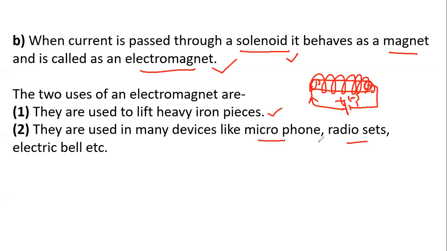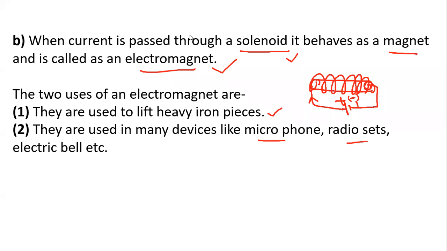Also you can write about shipyards, where waste is dumped in one place. To separate the metal objects from that, we can easily take the help of an electromagnet. These are some uses. You may write any two uses among them.